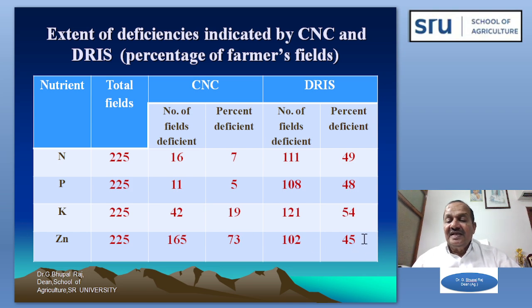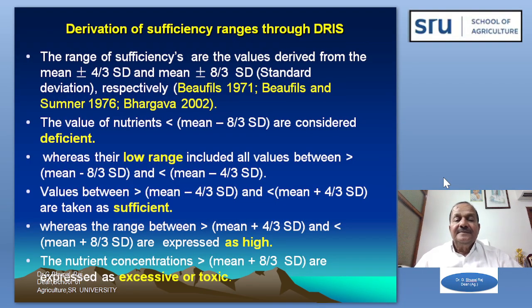CNC gives 73% deficient samples, whereas DRIS with 45% gives the correct figure. Overall, when we compare the samples deficient through CNC and DRIS, through DRIS we are noticing a higher percentage of samples deficient.